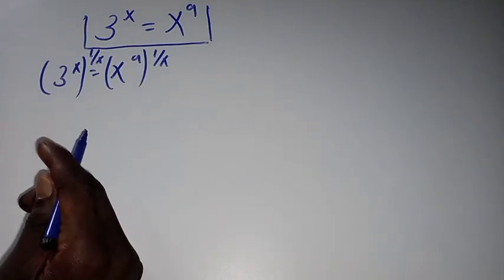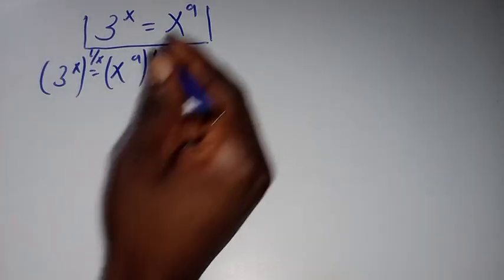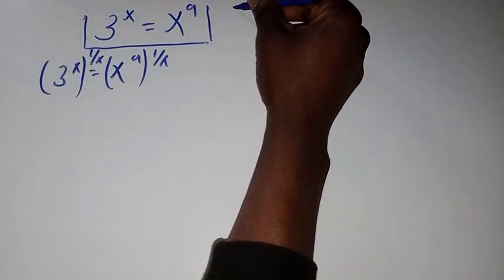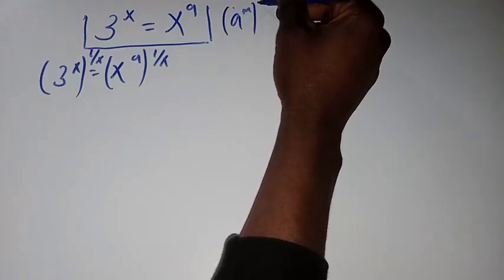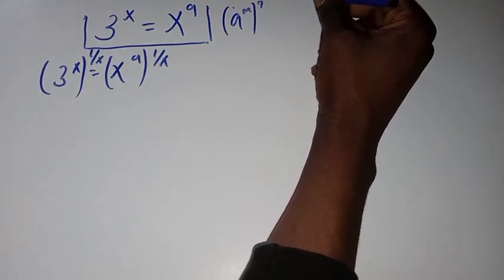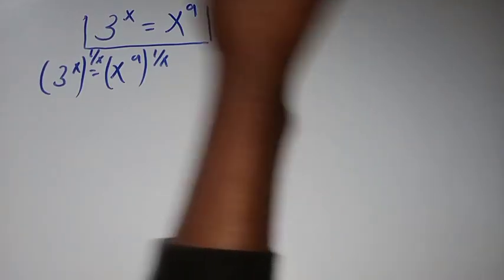So we're going to use the exponential rule, the law of indices, which states that when you have a to power m, raised to power n, can also be written as a to power mn.